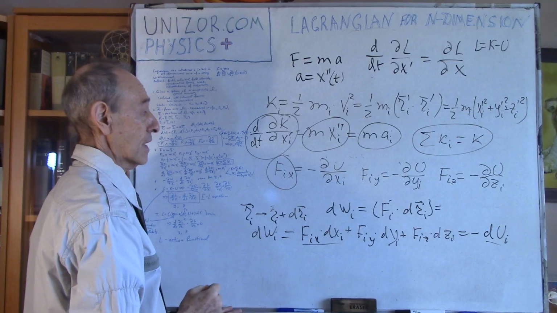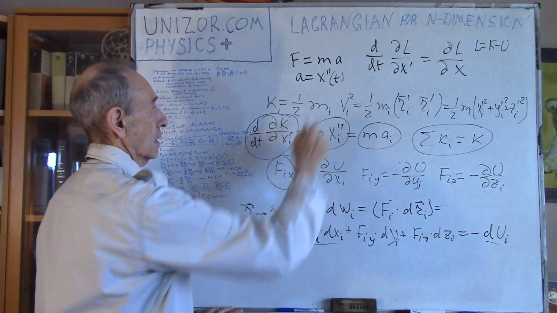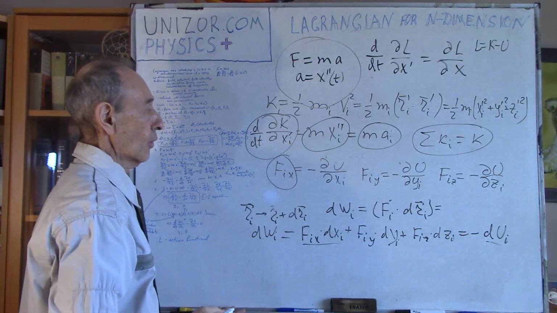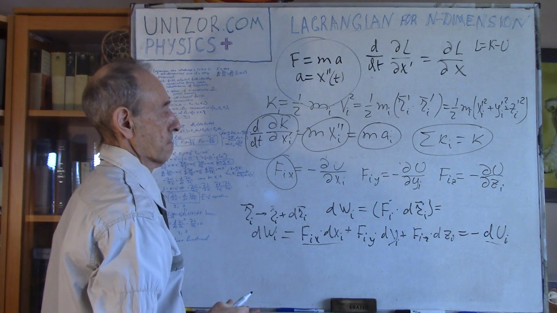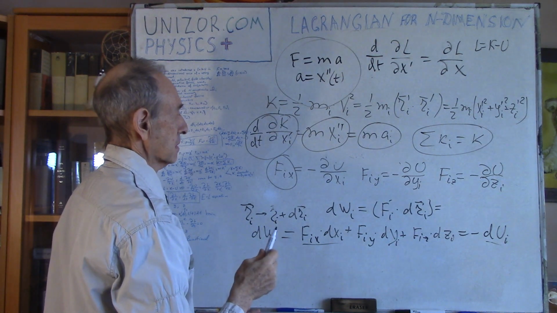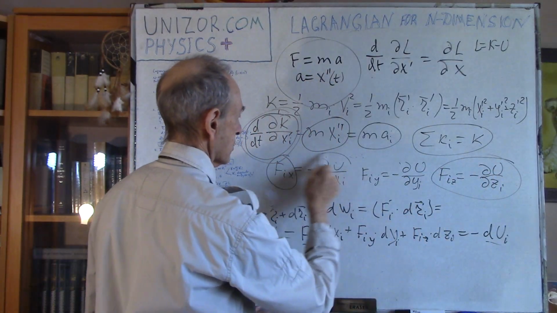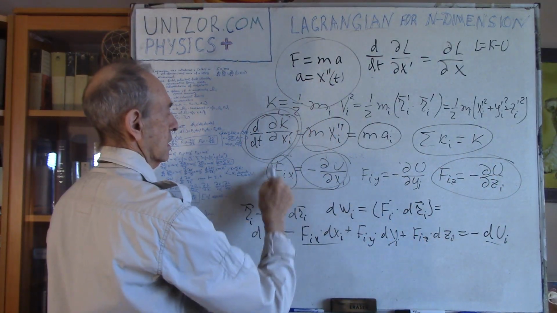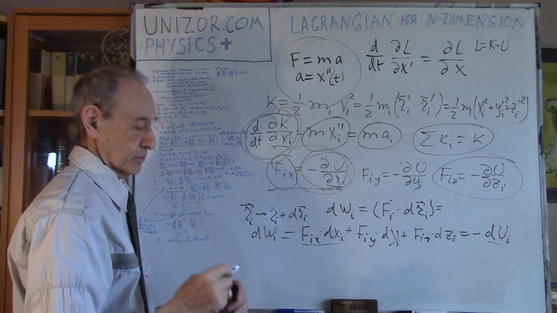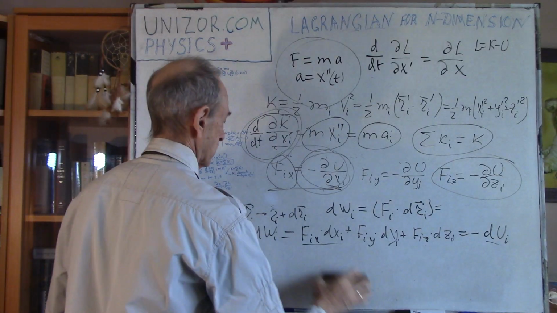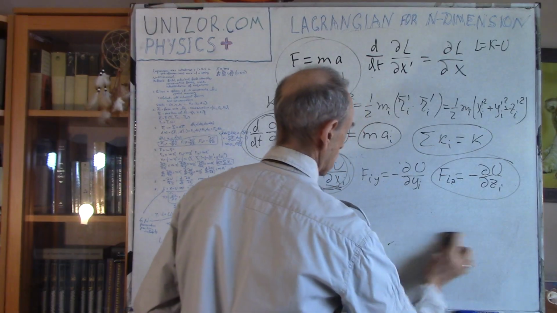But they are equal, right? This is the force, and this is the mass times acceleration. So we have the second law of Newton equating them to each other, which means these two expressions are equal to each other. So what do we have? Let me write it down. For x and y and z it will be the same, basically.